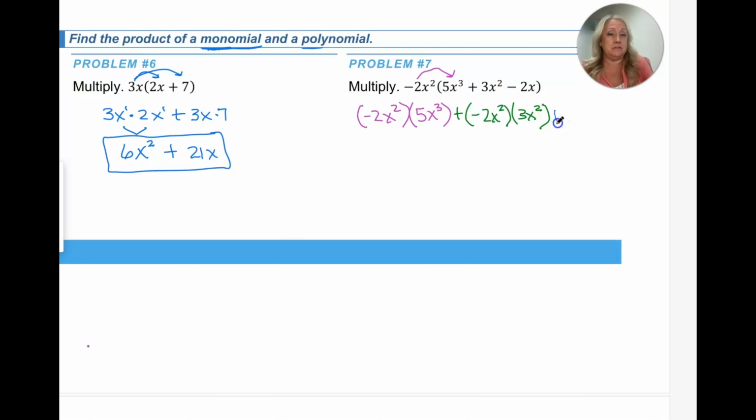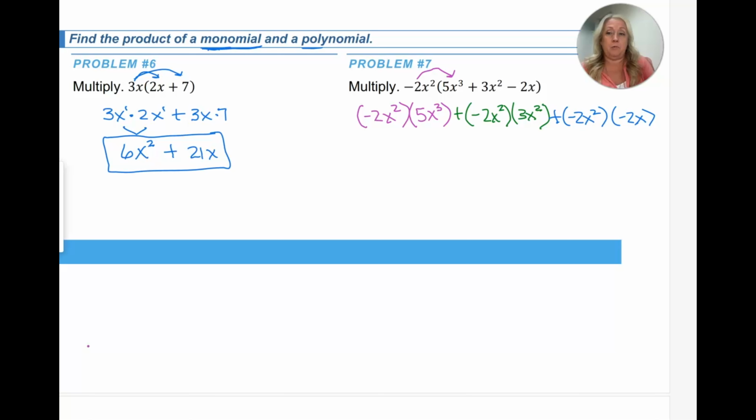So plus negative 2x squared times negative 2x. And you can do this part in your head, right? You don't have to always show this out, but I'm showing it just to make sure everybody is seeing why it's positive or negative, how we're combining those together to get the exponent that we get on these.